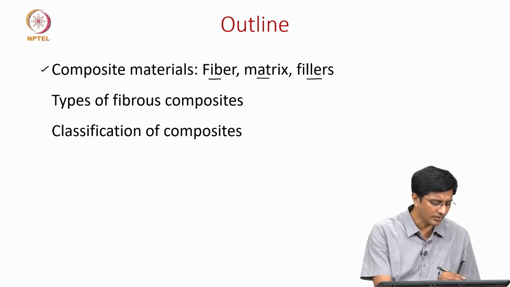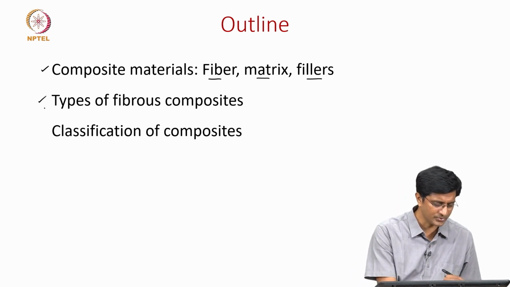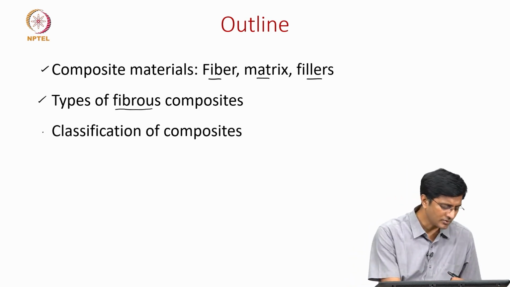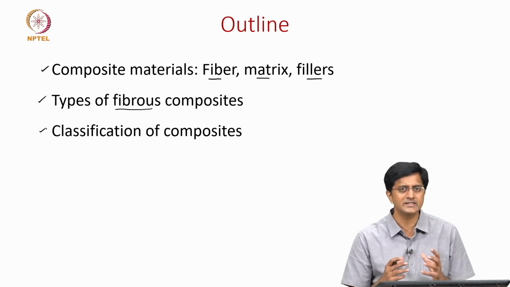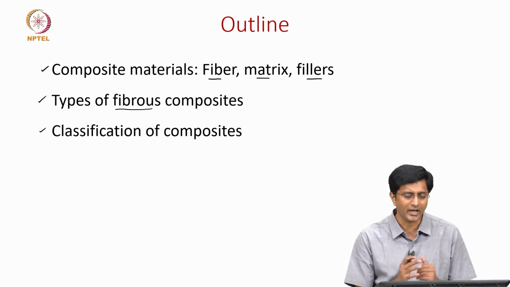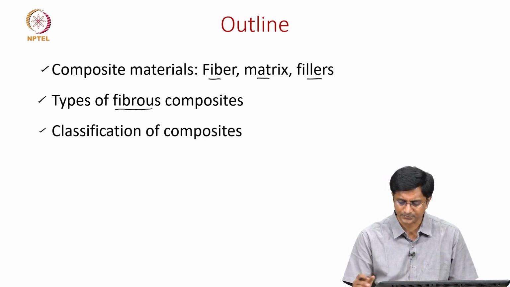After that, we will look at different kinds of composites. Here we will focus our attention only on the fibrous composites. And lastly, we will try to pictorially see how we can classify all these composites and have a mental picture of where a particular composite fits in the bigger scheme of composites.